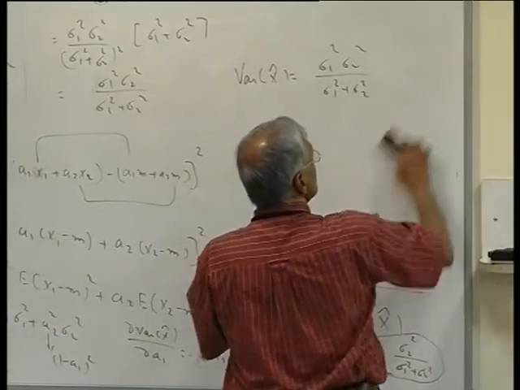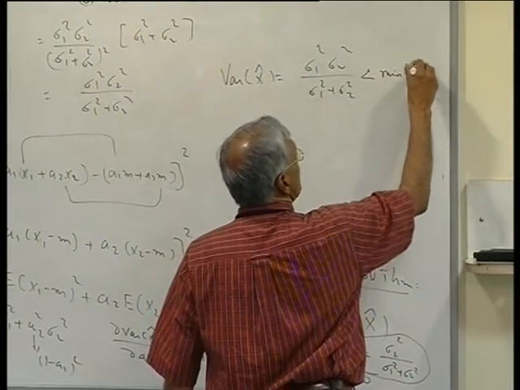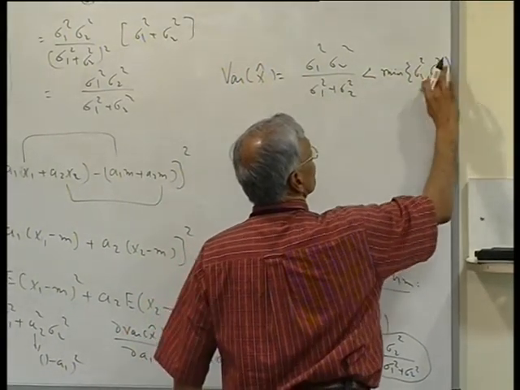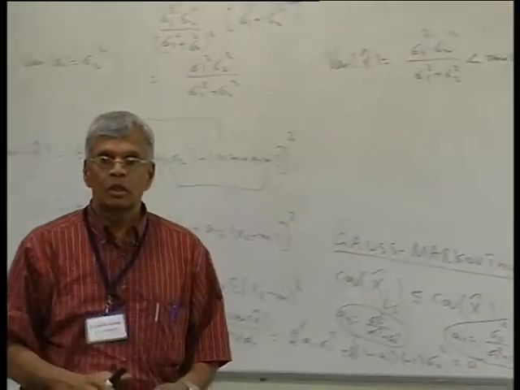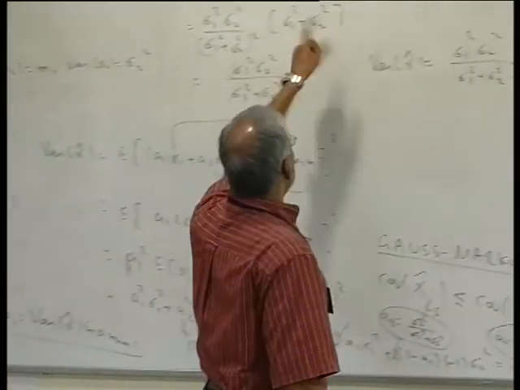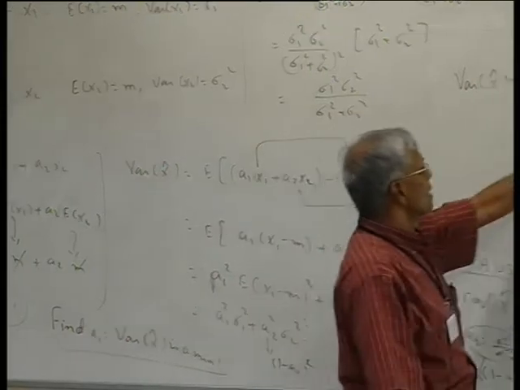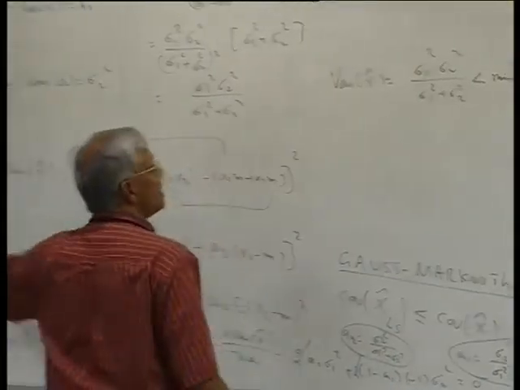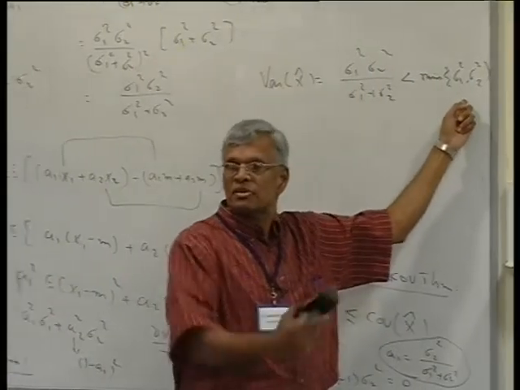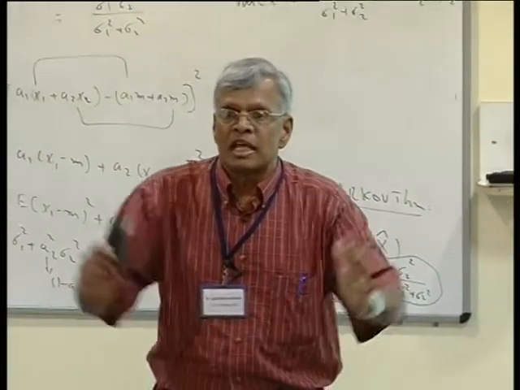This variance is less than the minimum of sigma 1 squared and sigma 2 squared. Are you with me? Individually, x1 and x2 have variances of sigma 1 squared and sigma 2 squared. The linear combination has a variance which is less than the minimum of the two. So when do I say I have a better estimate? When the variance is less.